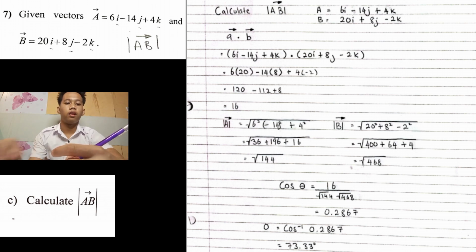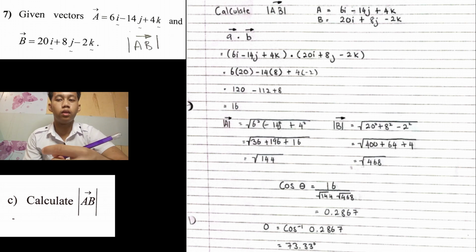Okay, for A modulus, 6 to the power of 2, bracket minus 14 to the power of 2 and plus 4 to the power of 2, the number is 144.